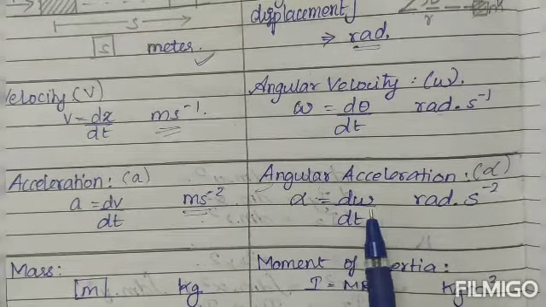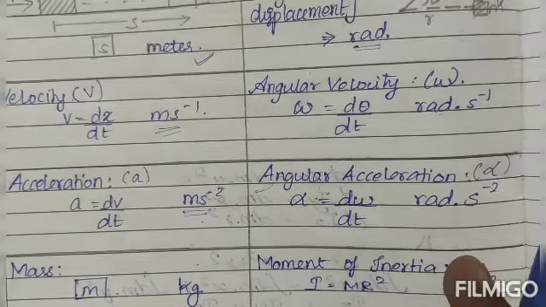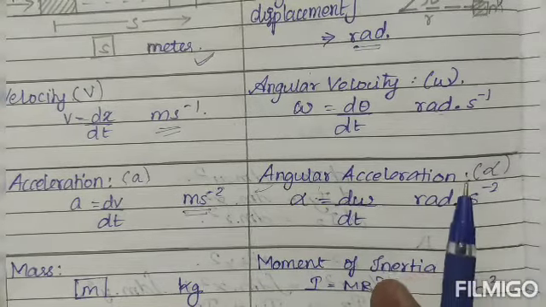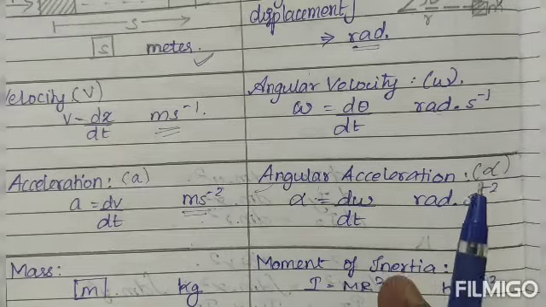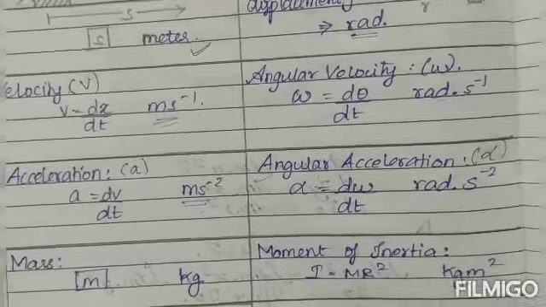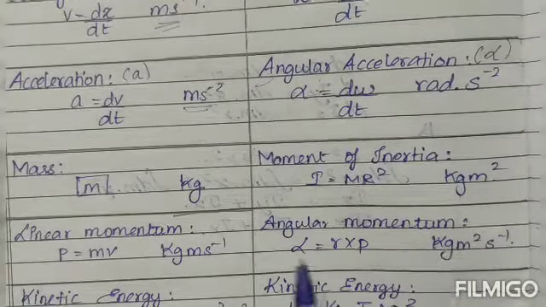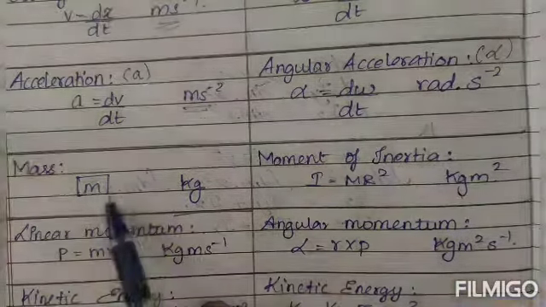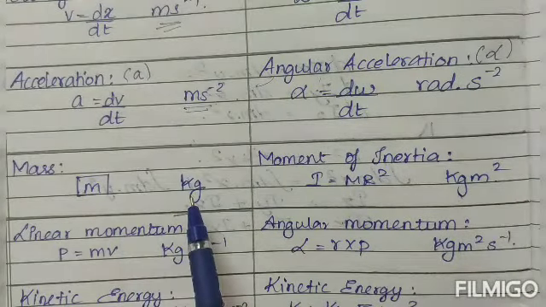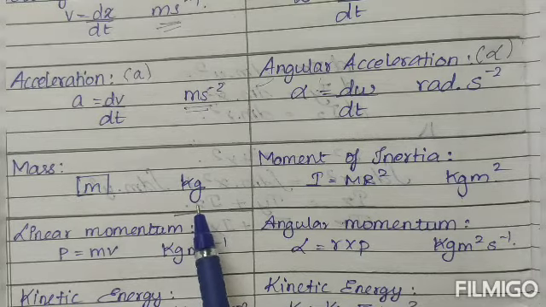Okay, right. So now displacement is over, velocity is over, acceleration is over, and likewise angular displacement is over, angular velocity is over, and angular acceleration is over. Next, see mass. Generally mass is m, and its unit is kilogram.